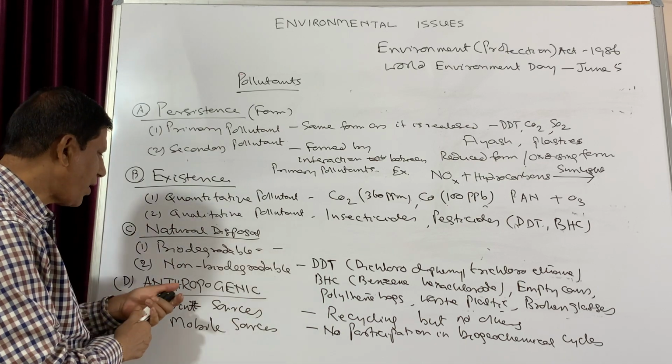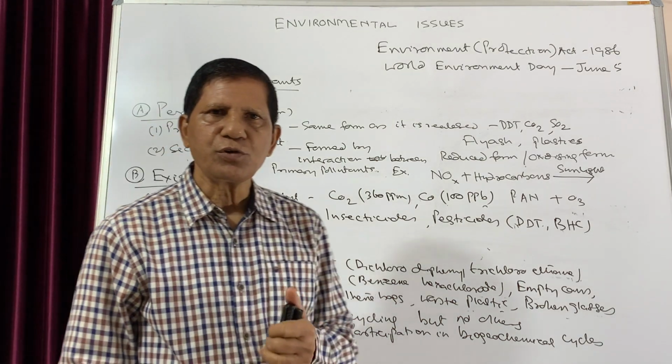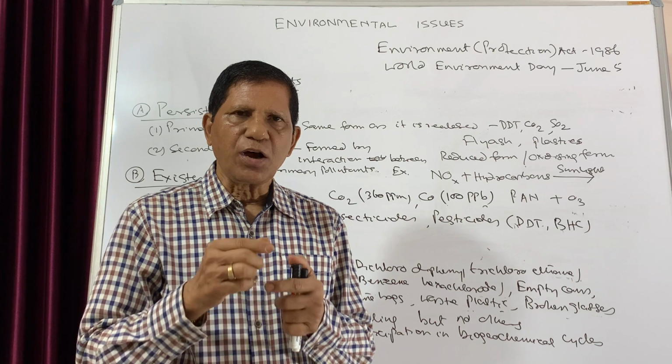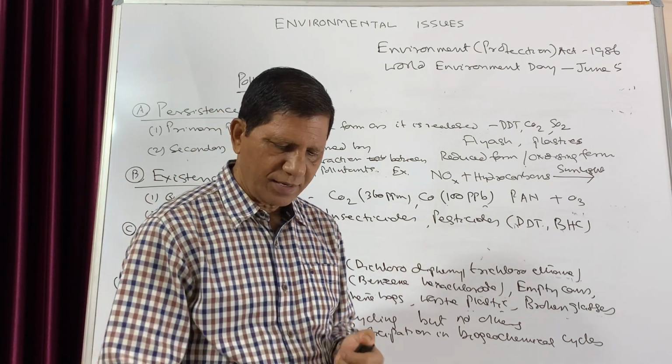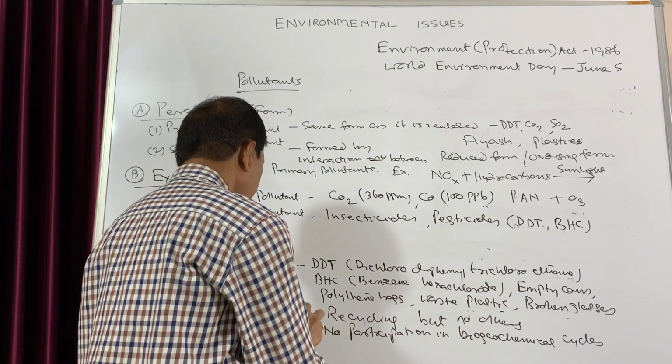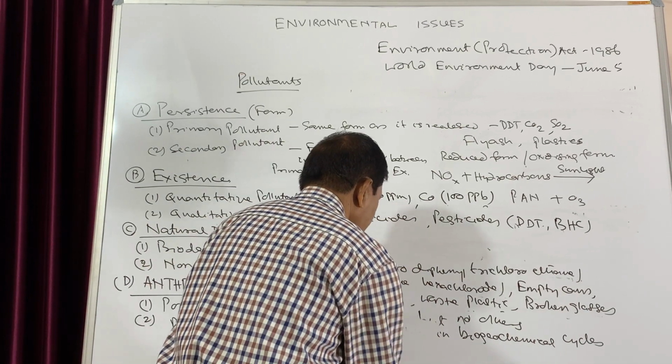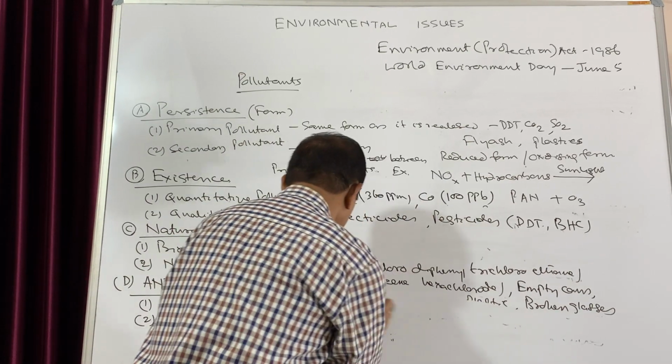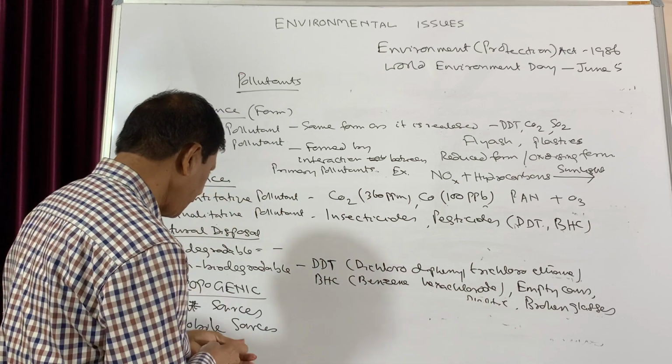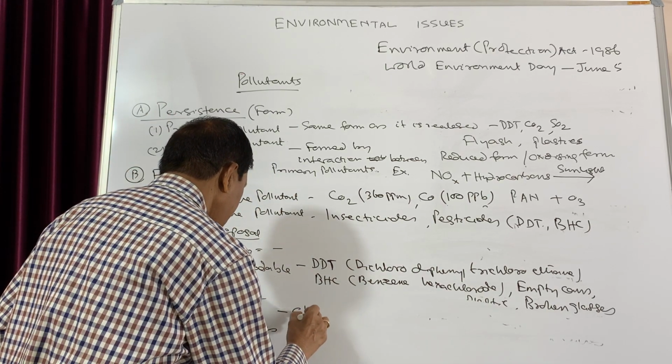Now what are point sources? Point sources means the pollutant comes out from a particular point. As the example, the chimneys of industries.